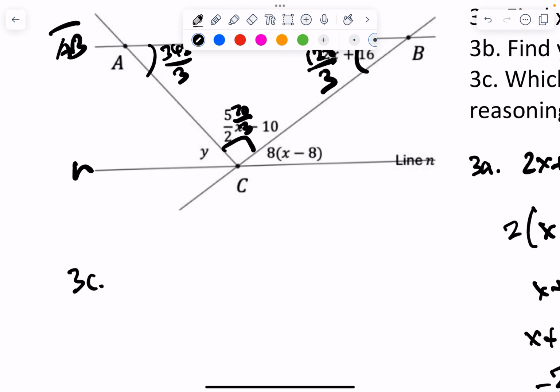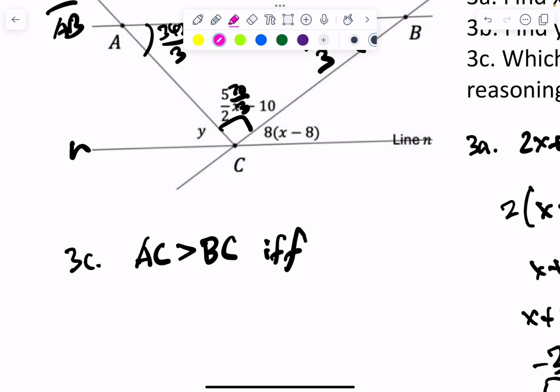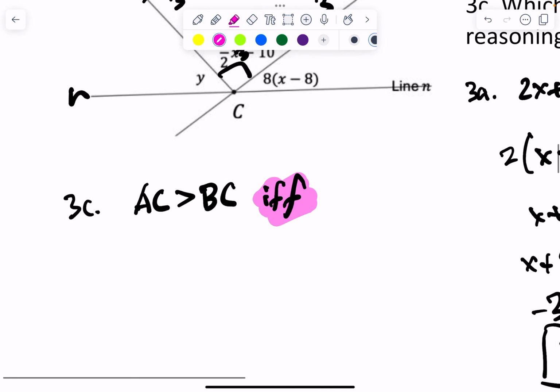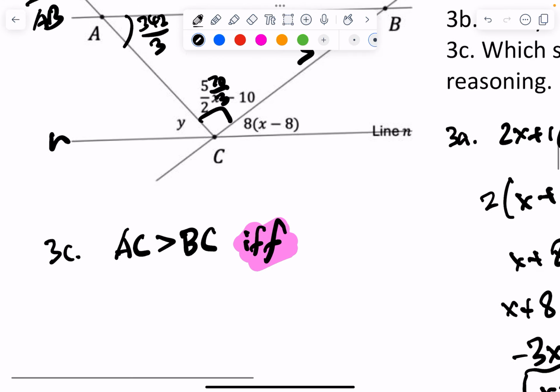We can use the proposition, I think it's 1.18, which is that a larger angle must subtend a larger side. So in other words, AC is greater than BC if and only if, here's just some fancy mathematical notation, it's kind of biconditional, right?